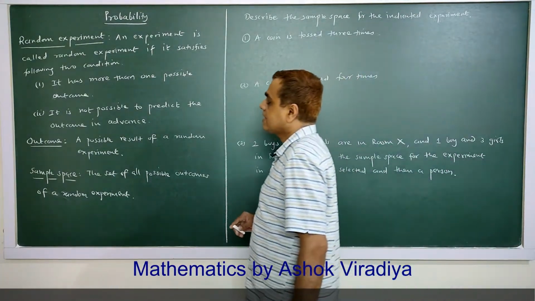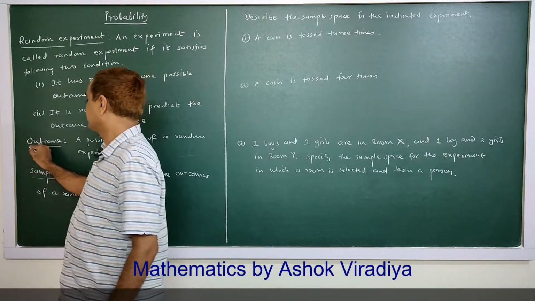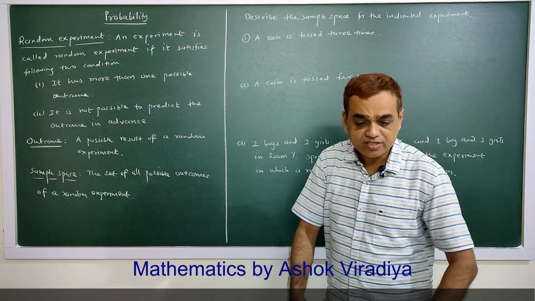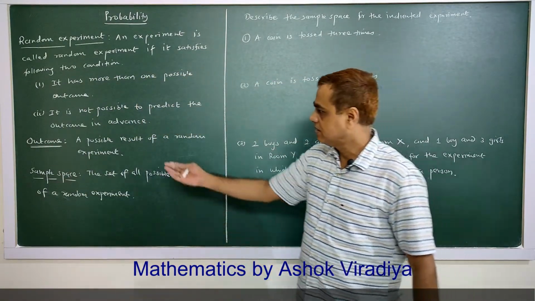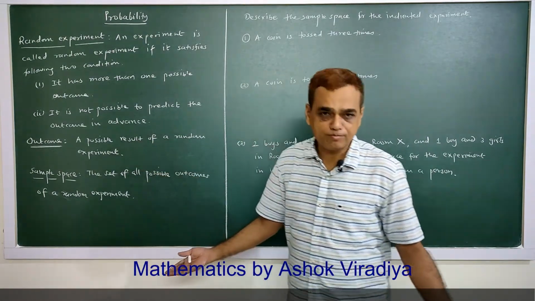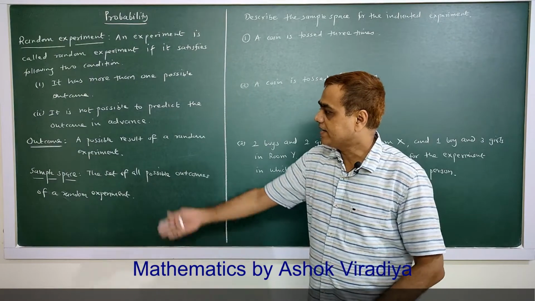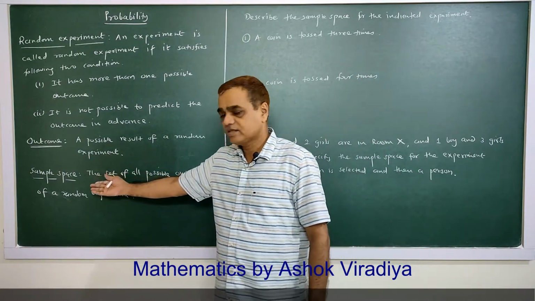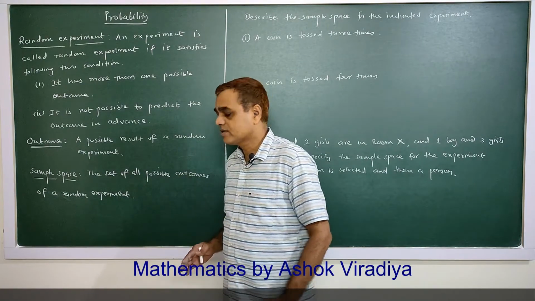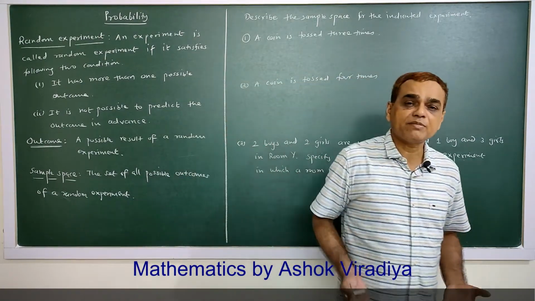Then next word, outcome. Outcome means possible result. A possible result of a random experiment is an outcome. And the sample space is the set of all possible outcomes of a random experiment.